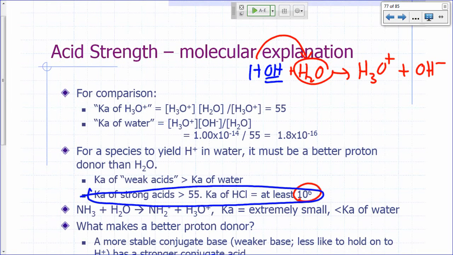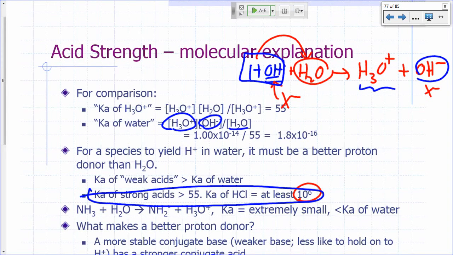Yes, the Keq for that is Kw, but like I said, to compare it with the other acids, we're going to treat this as though this is X minus. So Ka would be hydronium times hydroxide, which is X minus, over this water right here. You do know that in water, hydronium times hydroxide is 10 to the negative 14, right? And the concentration of water, we just figured out, is 55. So that gives you 1.8 times 10 to the negative 16.